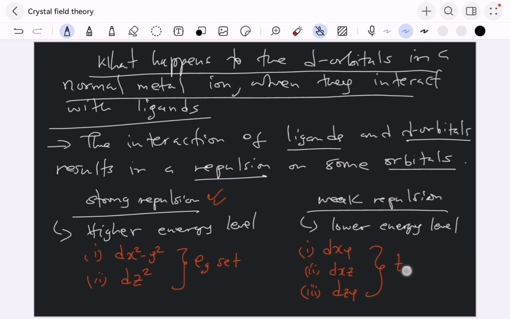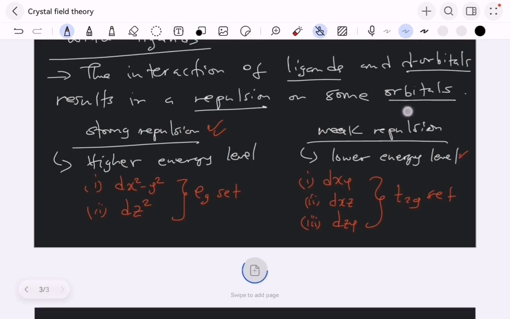These together are known as the T2G set of orbitals. So these will occupy a lower energy level because of the weak repulsion, and the other ones will occupy a higher energy level because of a strong repulsion.